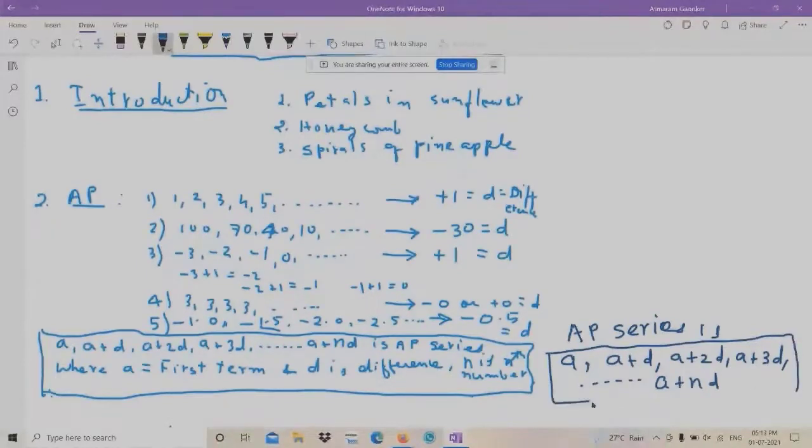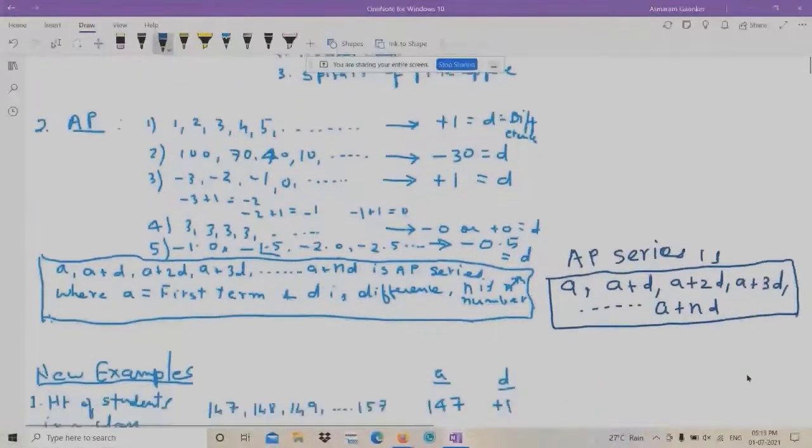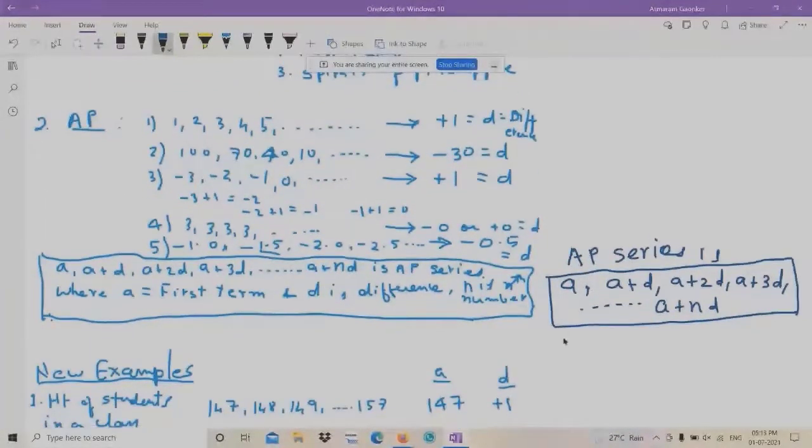And some of you must not have listed this as one formula. That is why I told you there are many formulas. And in this formula there is the first term, and the first term is A. And there is one more thing, that is the difference. So D is the difference.